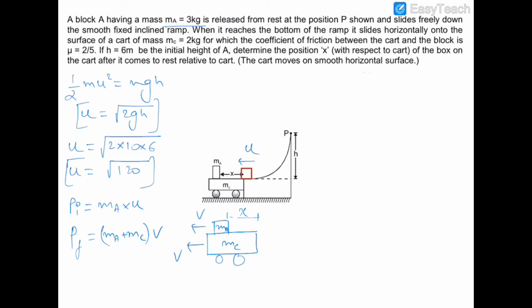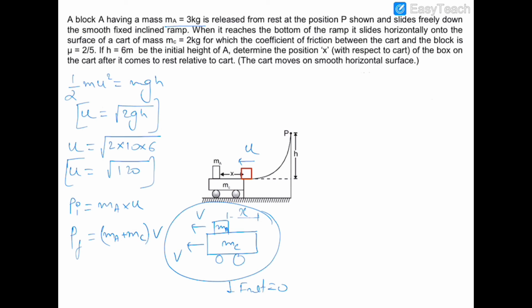We can say that the net force acting on this system is 0, because any friction acting between this cart and this block is an internal force of the system, and internal force does not change the momentum of the system. Therefore, if there is no external force acting on this system, we can conserve the momentum.